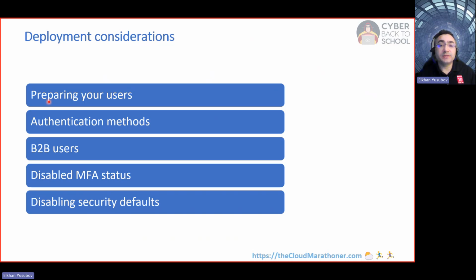One of the recommended steps is to prepare your users for the new experience and help ensure that it's a successful rollout. Right, so we don't want your users to get stressed out because they don't know what to expect. The next step here is that your users must use verification.